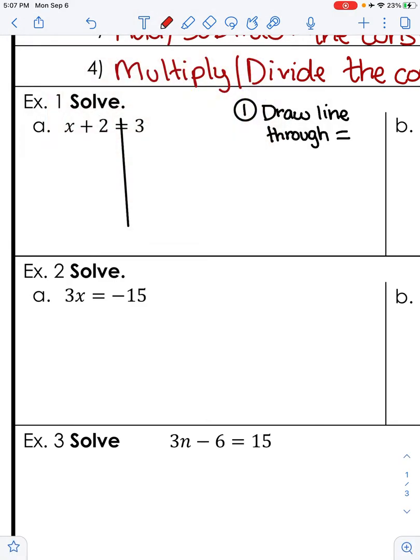Step 2, we're going to subtract 2 on both sides. So step 2, minus 2 on both sides.